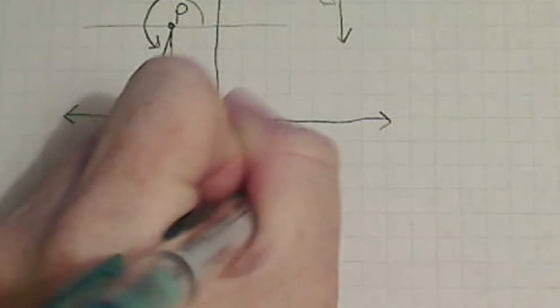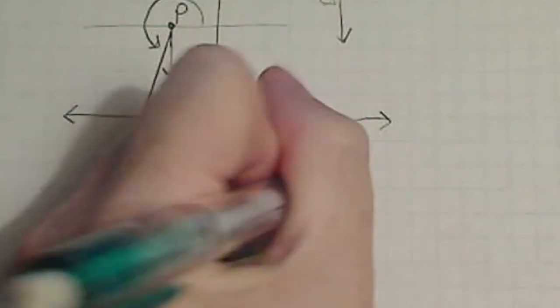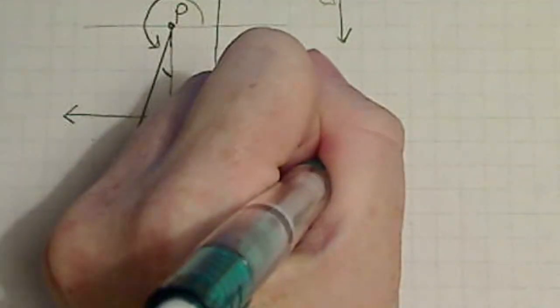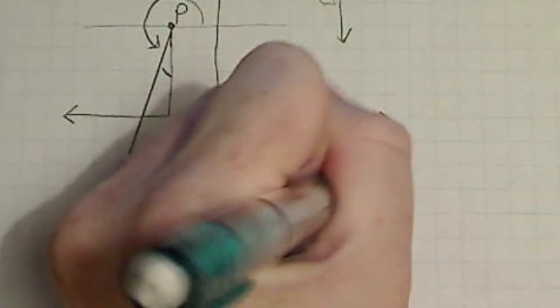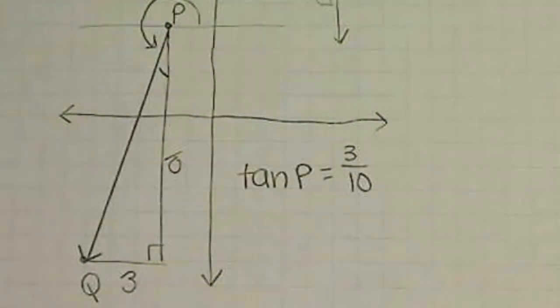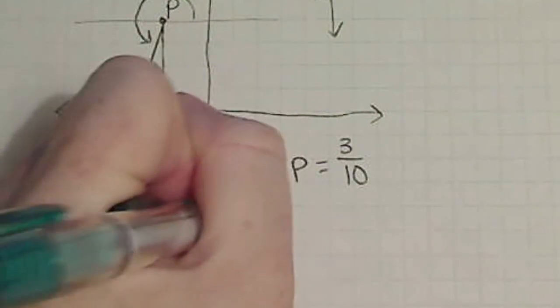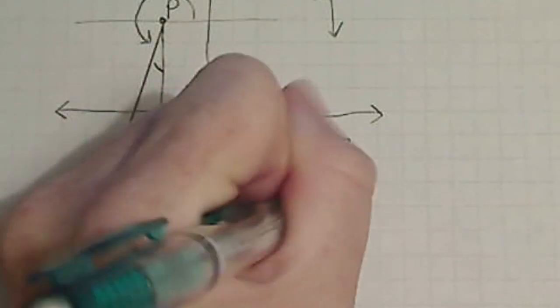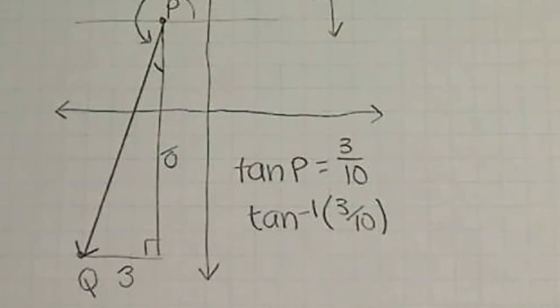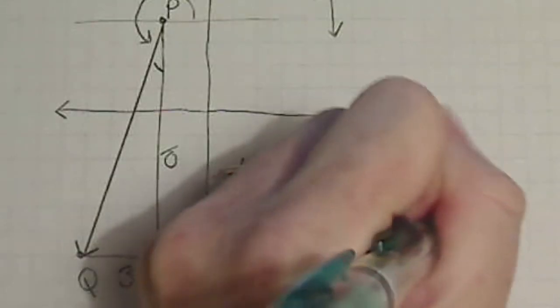The tangent of P equals 3/10. So to solve for this angle P, I need to do the inverse tan of 3/10. And I want to round to the nearest degree. So I will get about 17 degrees.